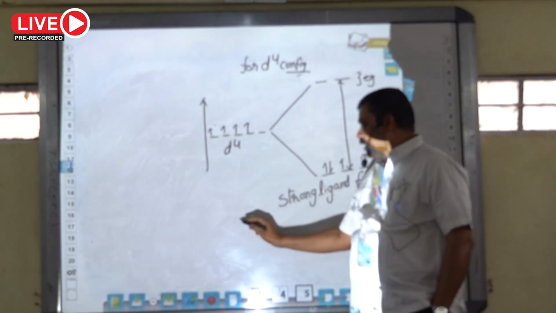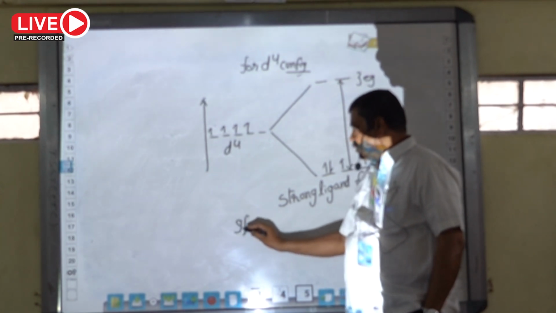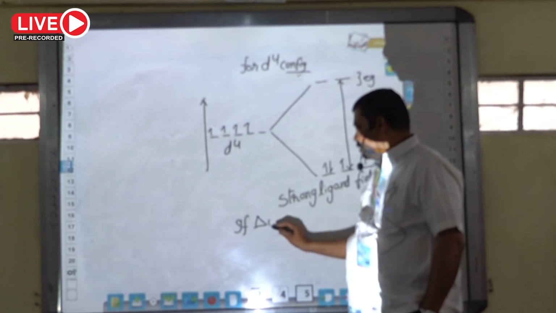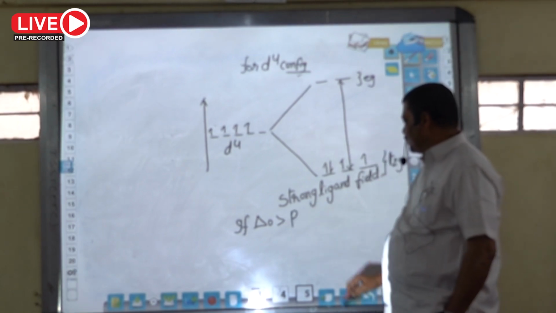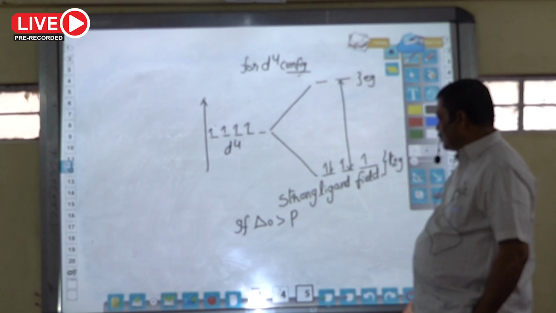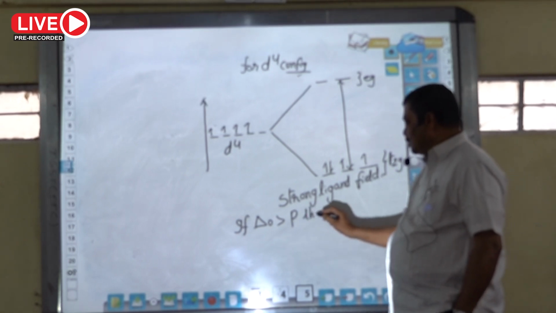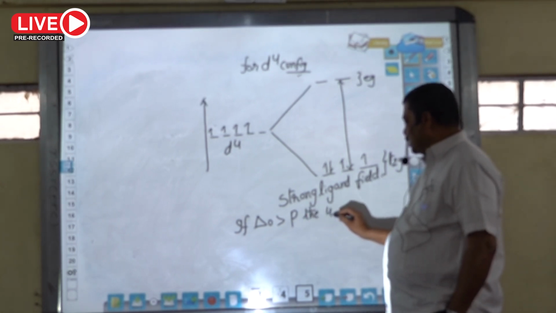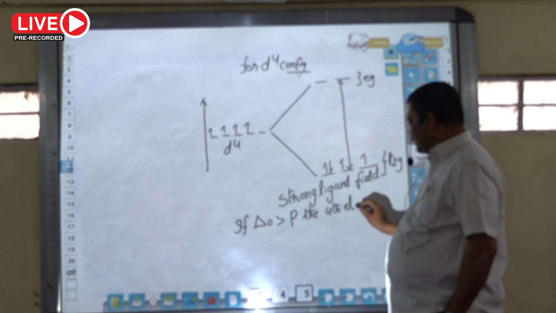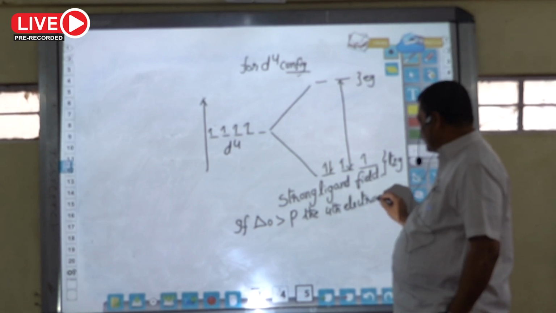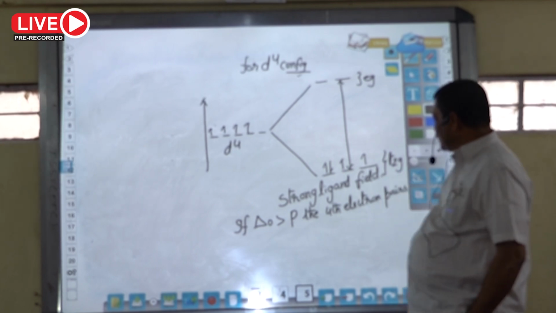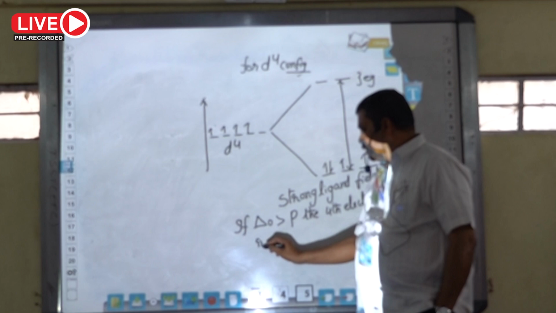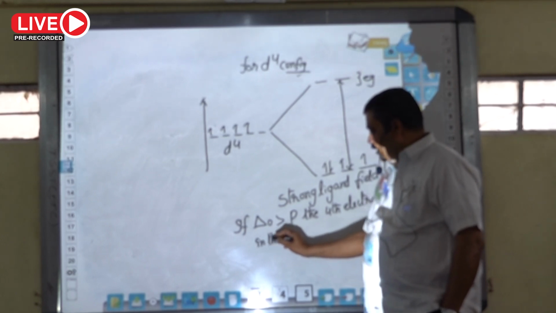If delta naught is greater than the pairing energy, the 4th electron pairs in the t2g set.